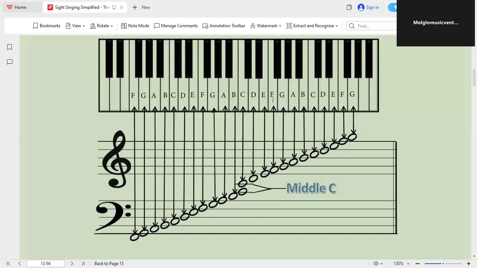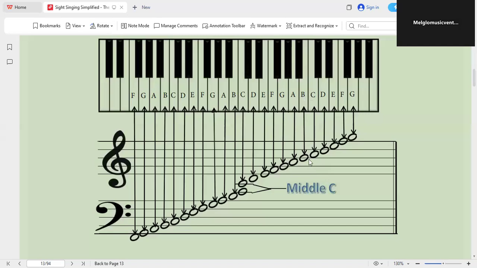So anywhere you see the three black keys, know that the white key in front of them is F. Following after that is the second line on the treble staff, which is G. Then we go to the second space on the treble staff, which is A. And then we go to the third line on the treble staff, which is B.